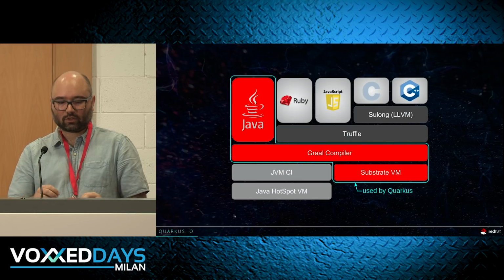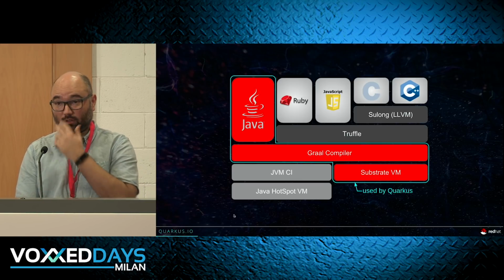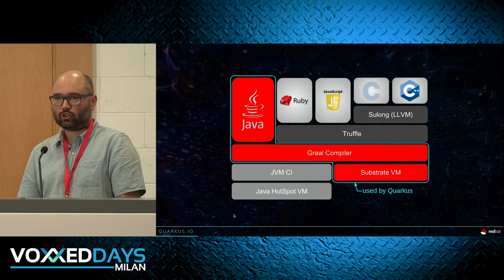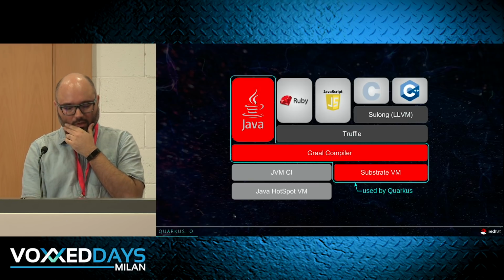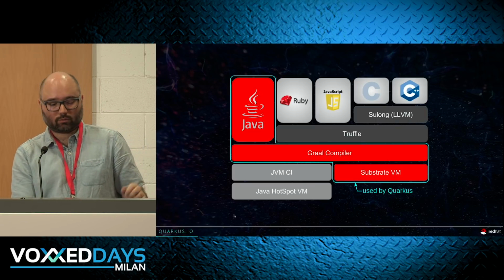Java. So Java is the one that's doing this in a slightly different way using the Substrate VM, which is re-implementing those components of the JDK that need to be compiled into native directly. And that's what we're using for Quarkus, and that's what we used in the example we have just seen.